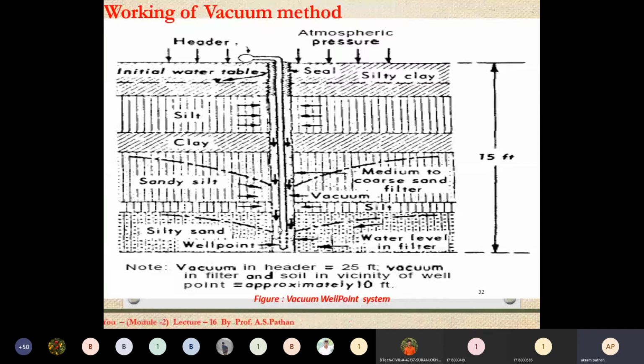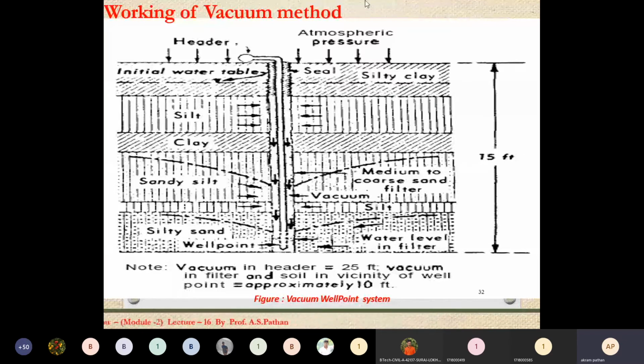Then coarse grain material is filled so as to filter between the annular space up to 1 meter from the ground level. Then the 1 meter space is filled by clay or bentonite.